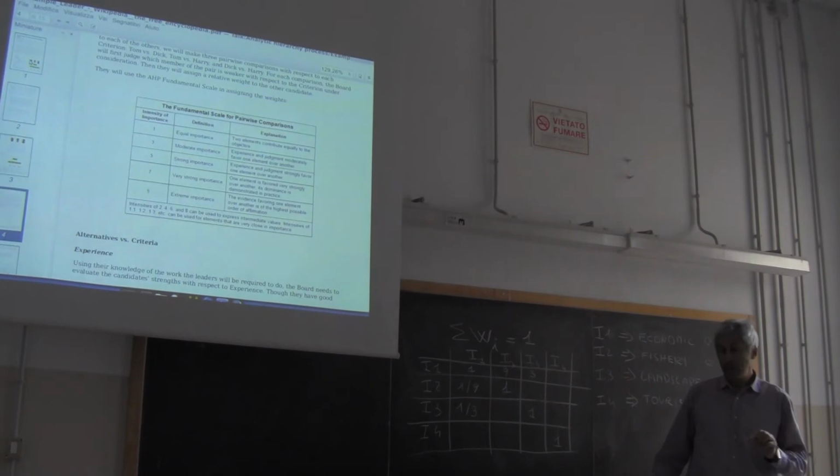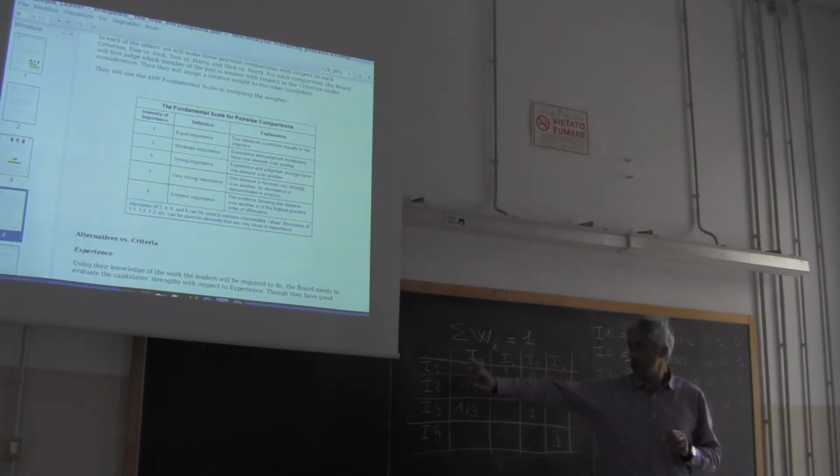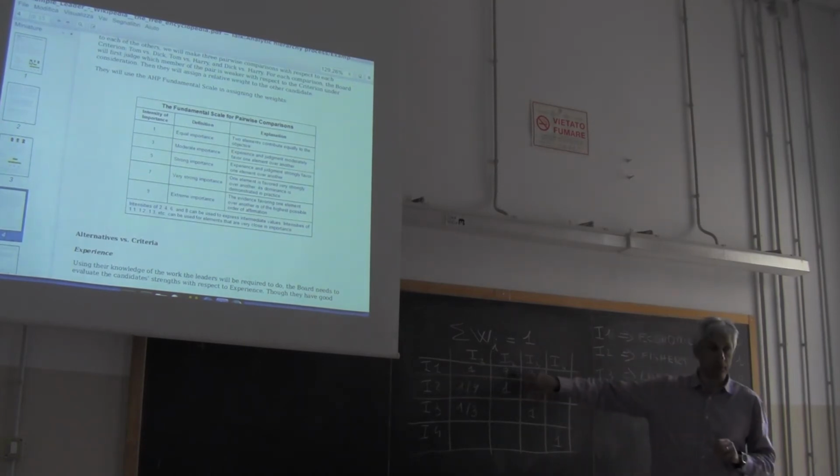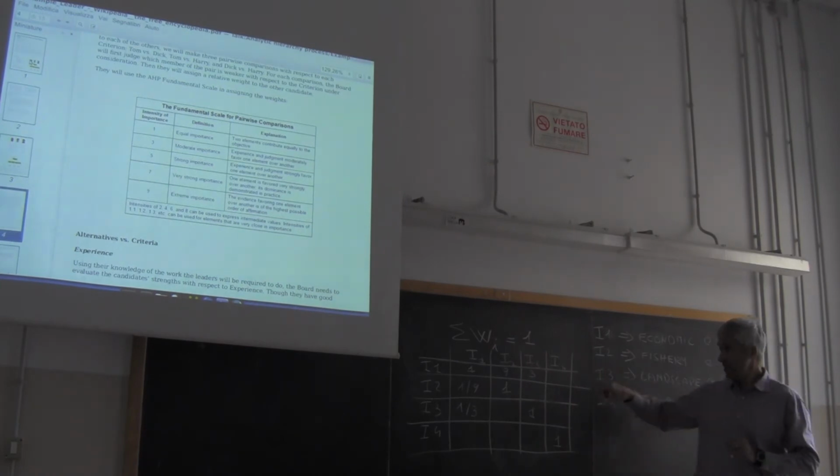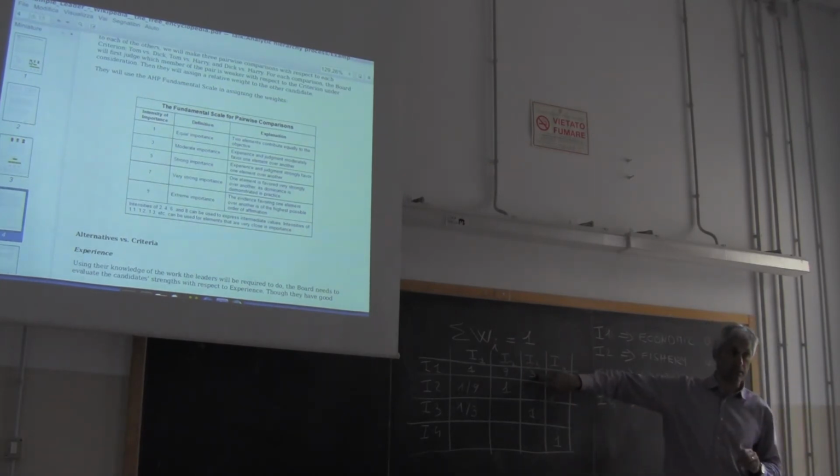Okay? Keep in mind one thing. If I gave to economics an importance of 9 with respect to fisheries, and an importance of 3 with respect to landscape, it means that landscape, according to my evaluation, is more important than fisheries. And this means that my evaluation should be consistent.